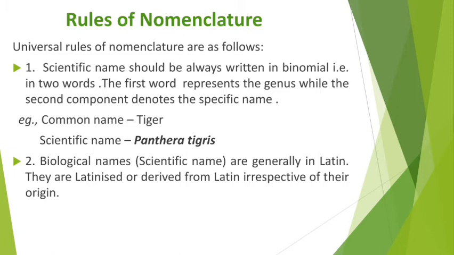So you understood the scientific names are always written in which language? Latin language or some language that is derived from Latin. Clear? So the first rule we came to know is that they should always be written in two words, where the first word represents the genus and the second word represents the species. The second rule we came to know is that they are always written in Latin language or derivatives of Latin. Clear?